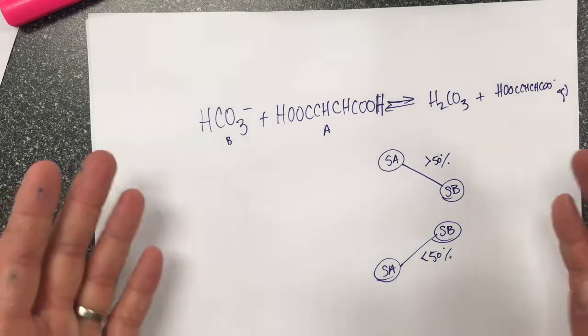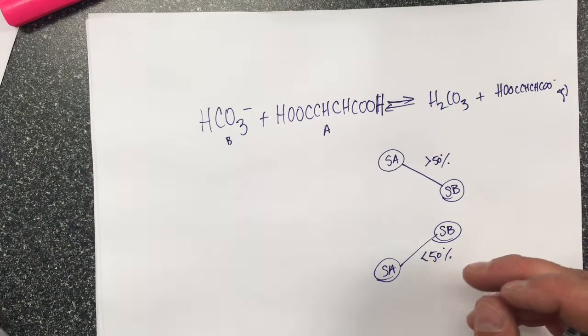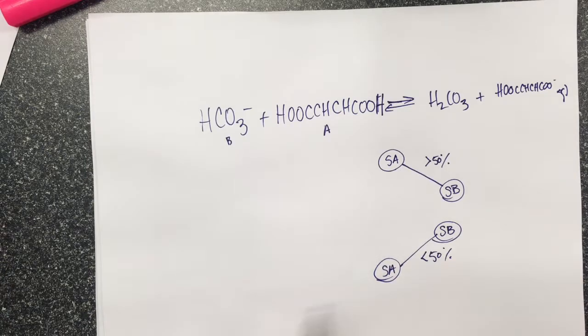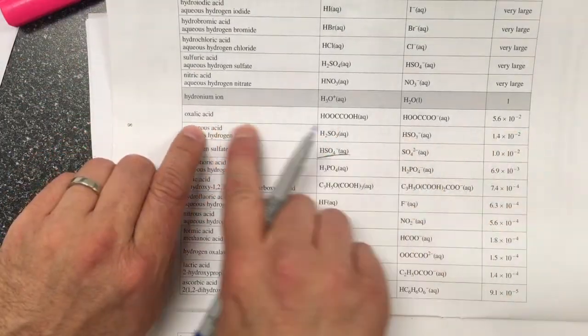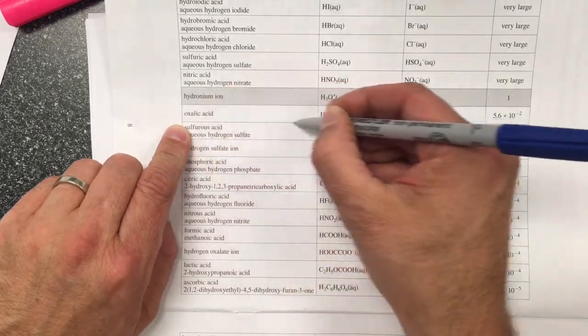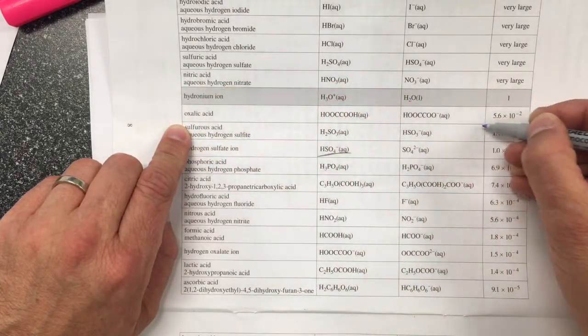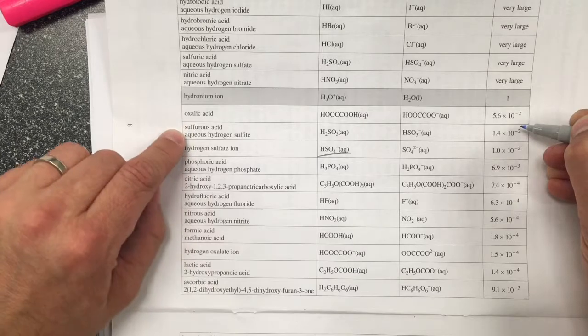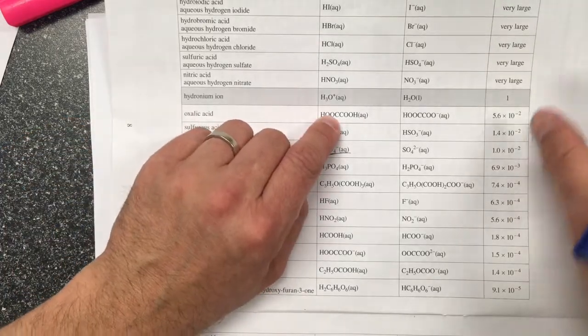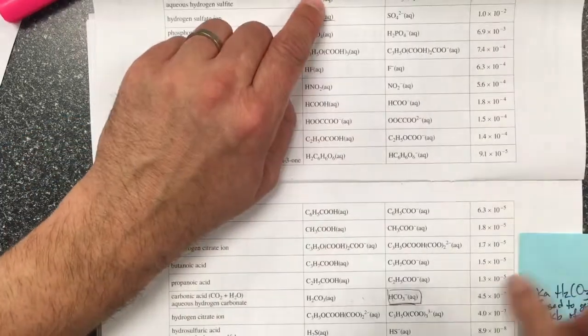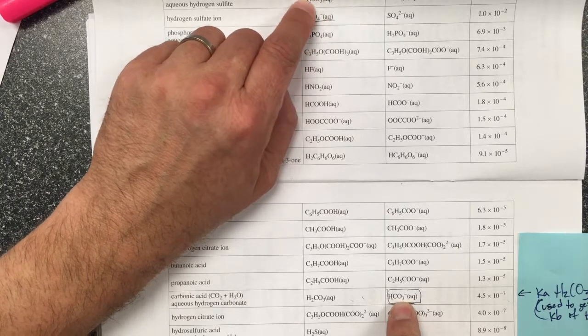So how am I going to determine this? Well, previously we calculated that the Ka for maleic acid is 1.5 times 10 to the negative 2. So it fits in between oxalic acid here and sulfurous acid. So it belongs here, and you can see hydrogen carbonate is down here.